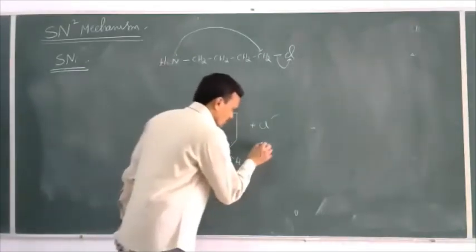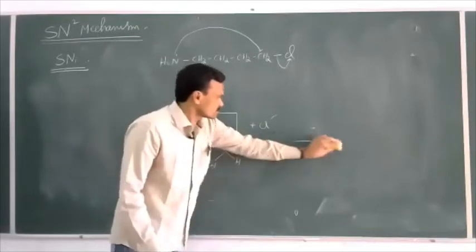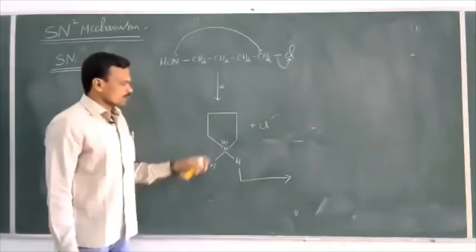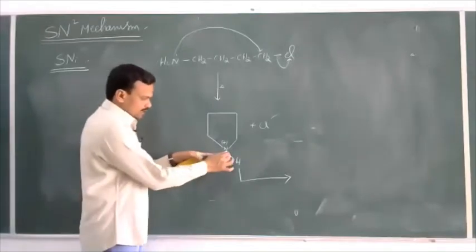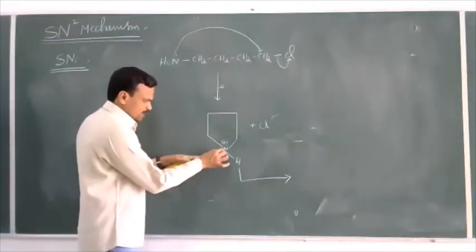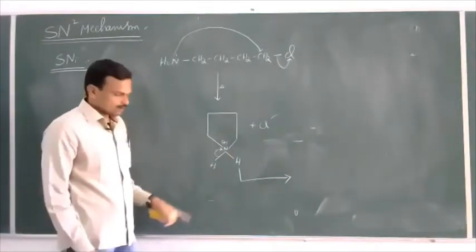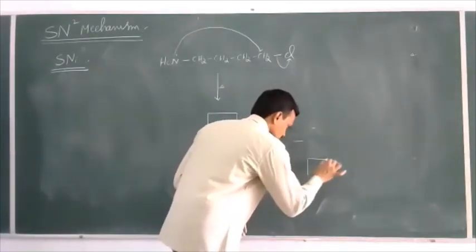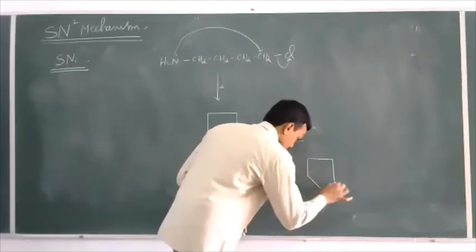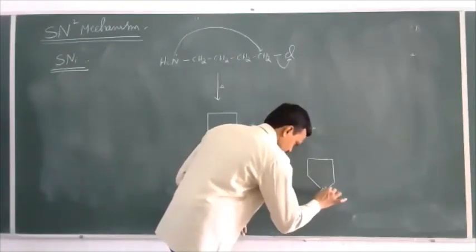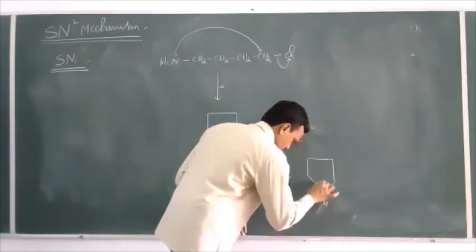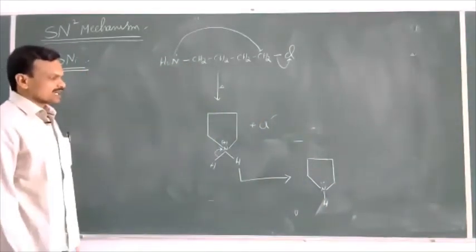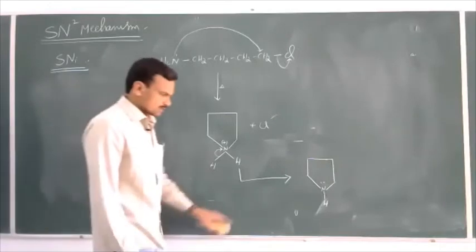Now, from this compound, this electron pair is gained by this nitrogen and H plus gets separated. This is the product that is formed, a tetrahydrofuran-type ring compound.